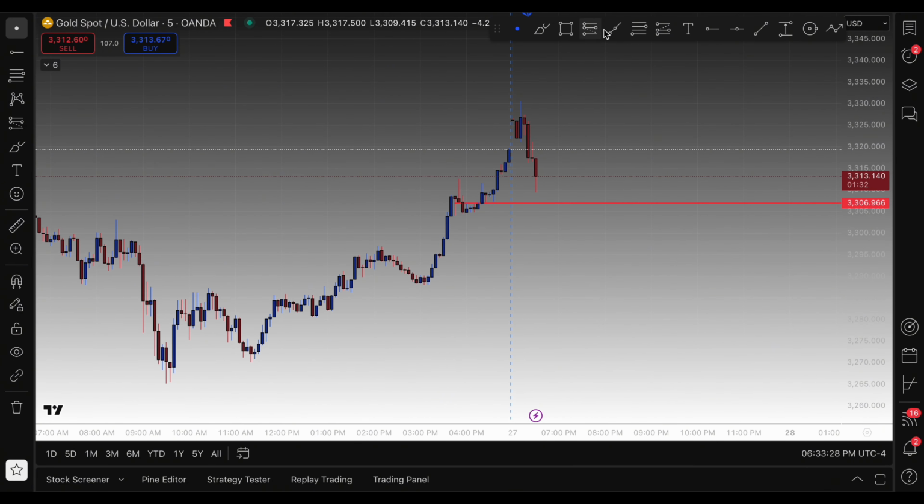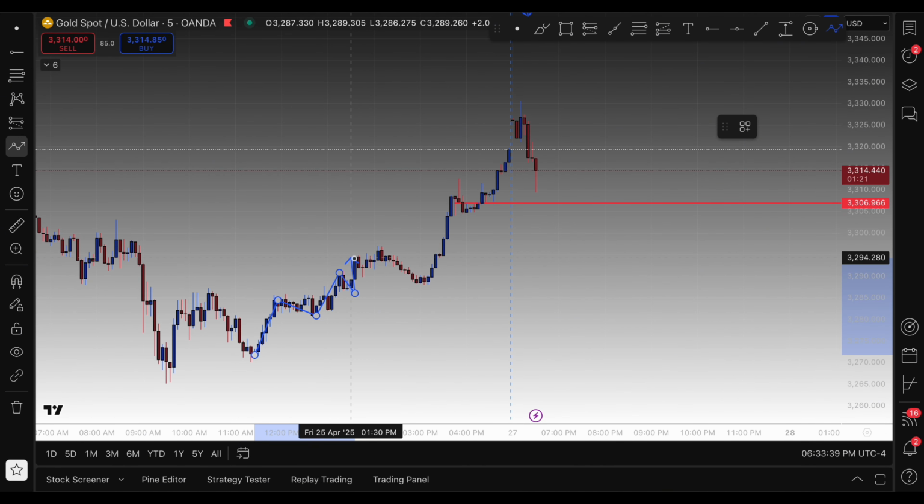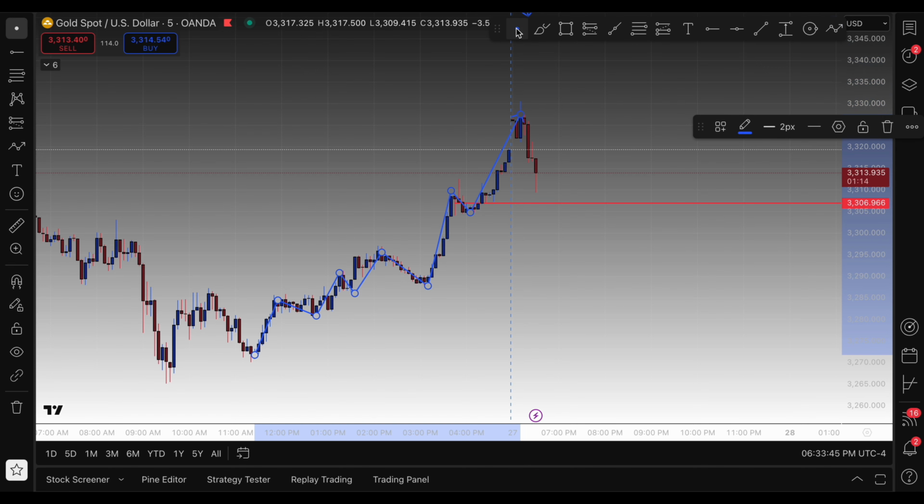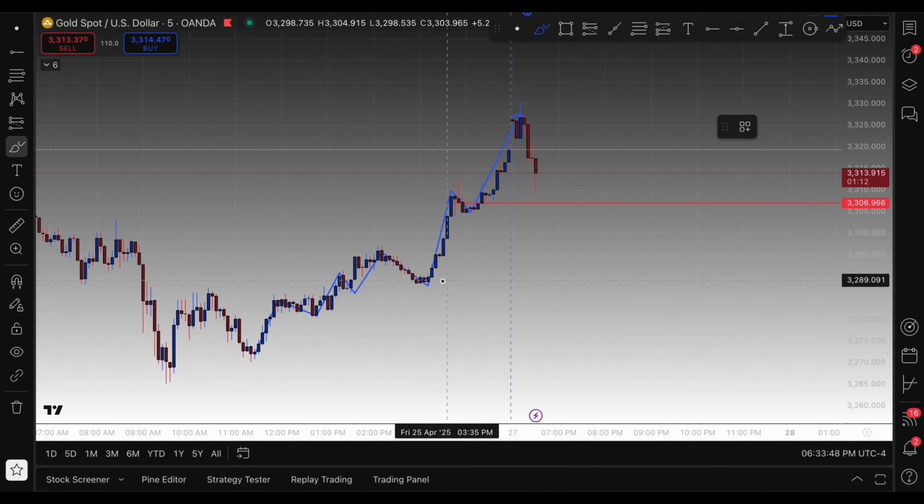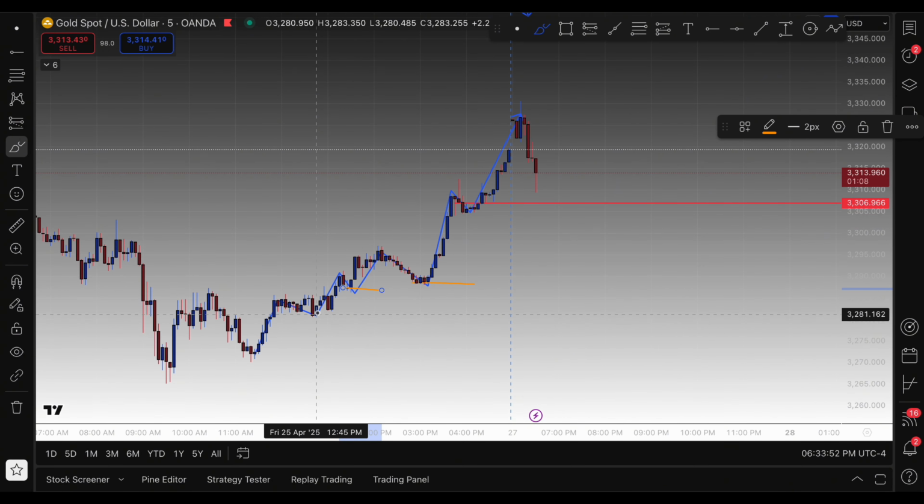But as you see, we have a clear uptrend right here, meaning the liquidity lies here, here, here, and here.